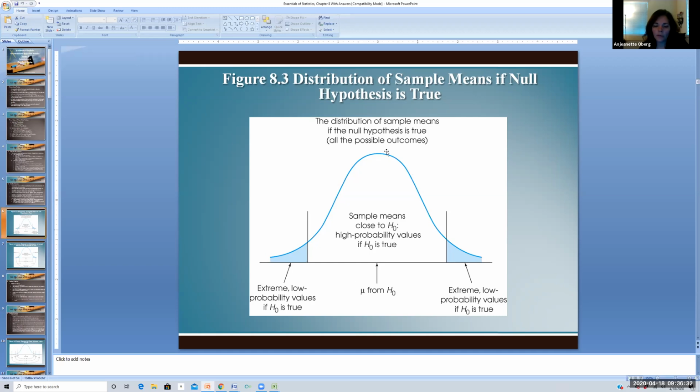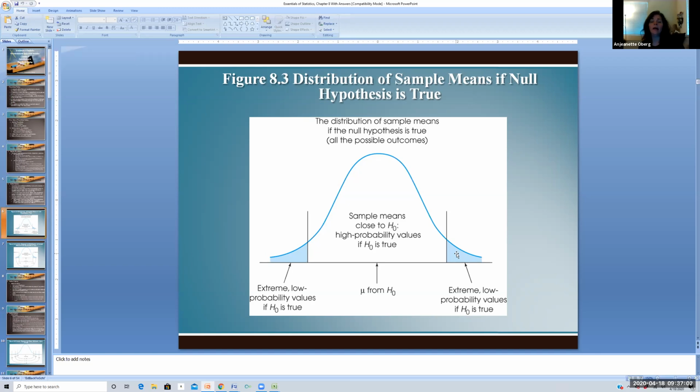So that would be represented by a mean or a value, in this case z-score, that falls here in between those boundaries. If our null is false and there are in fact significant differences and we need to reject the null, then our mean is going to be over here in one of the critical regions. Now, mind you, this is a two-tailed test, so that critical region is divided by both tails.